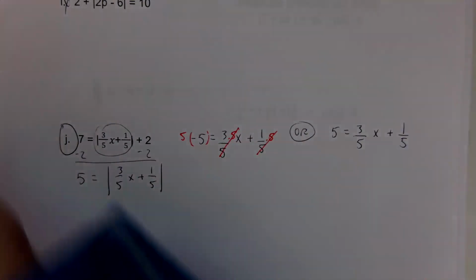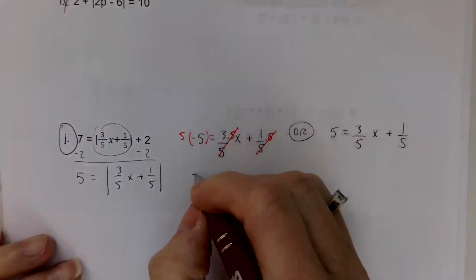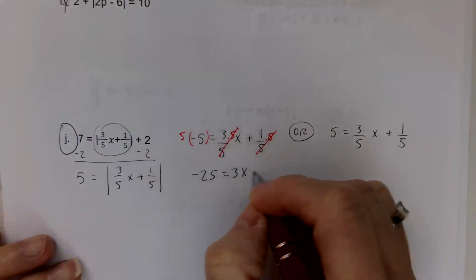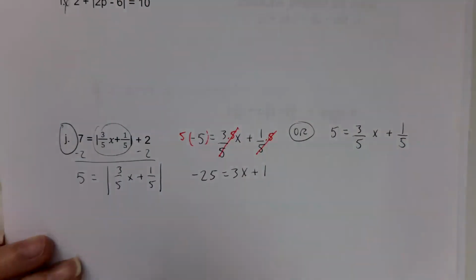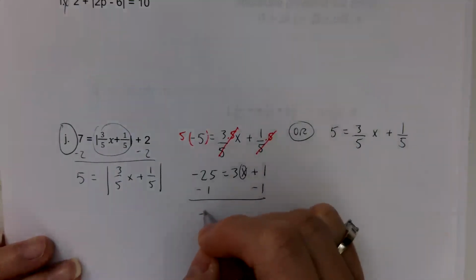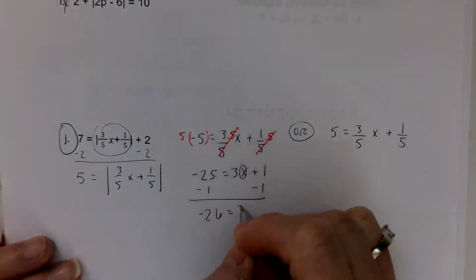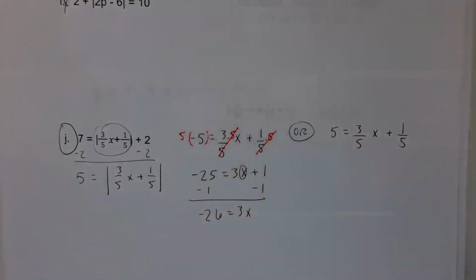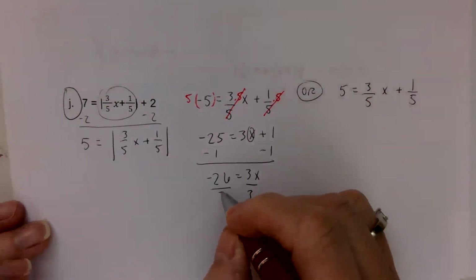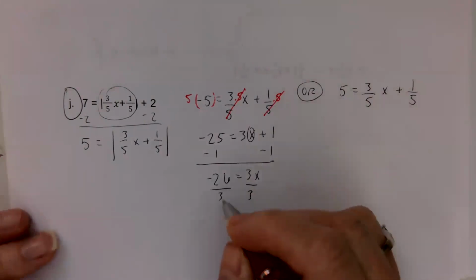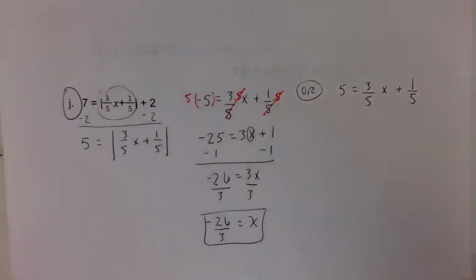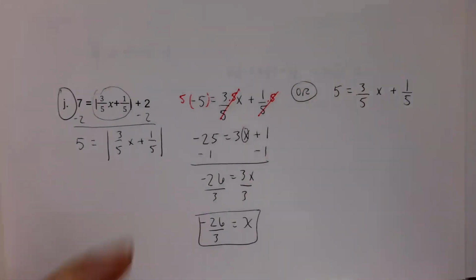So I have 5 times a -5 is -25 equals 3x plus 1. So to solve for x, I'm going to subtract 1. Is a -26 equals a 3x. And then dividing by 3, I get x is a -26 thirds.